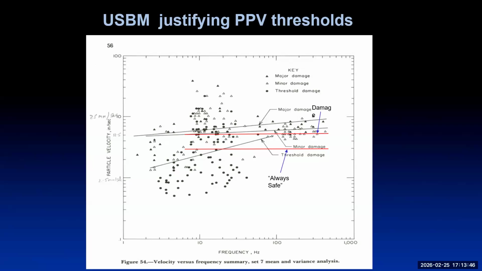Now, if you look in detail at what came out of the US Bureau of Mines study, you'll find that actually there were lots of different structures. They were in different conditions. They had different frequencies, and probably the damping was different. There was degradation as well.